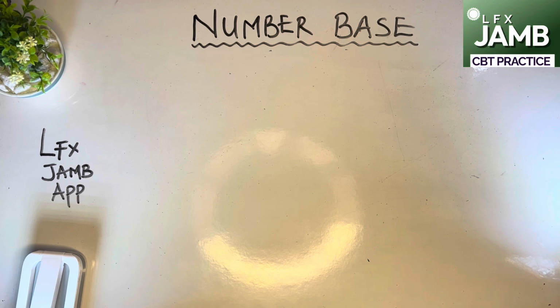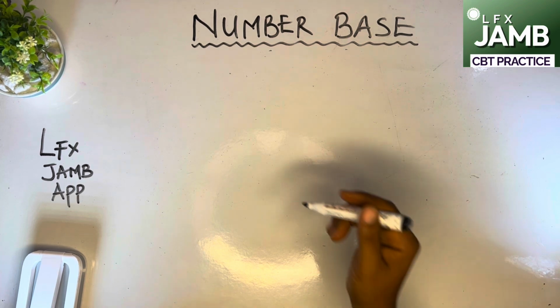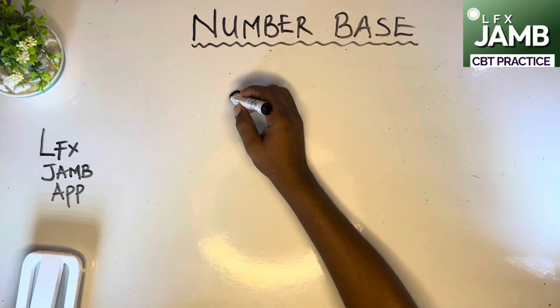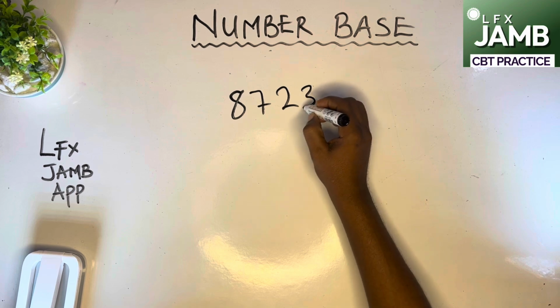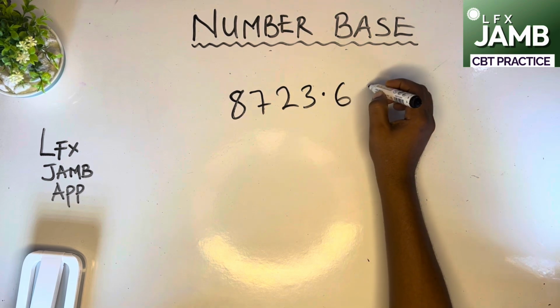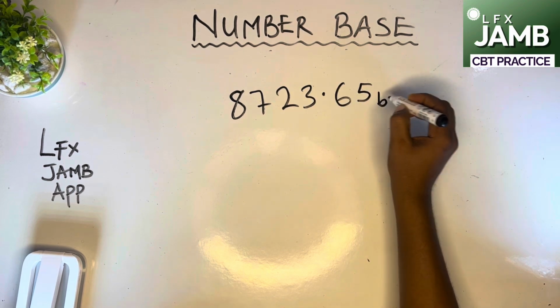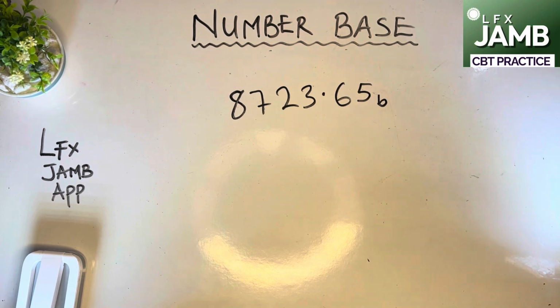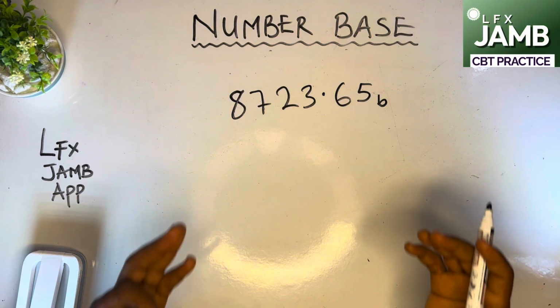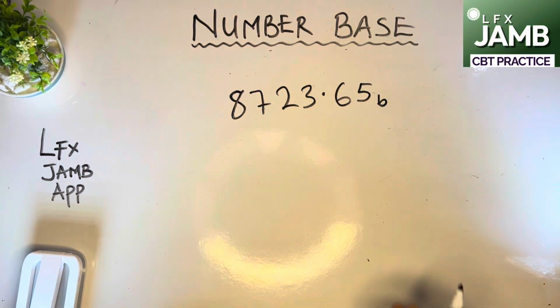What about fractional numbers like decimal numbers? Assuming we have a number like 8723.65 to the base B, and we want to know what this number means in base 10. We want to convert this number from base B to base 10.